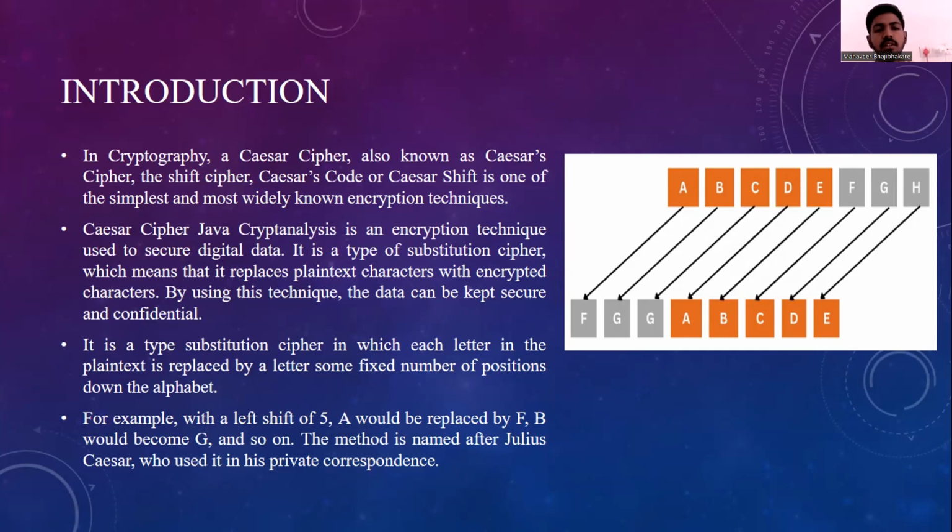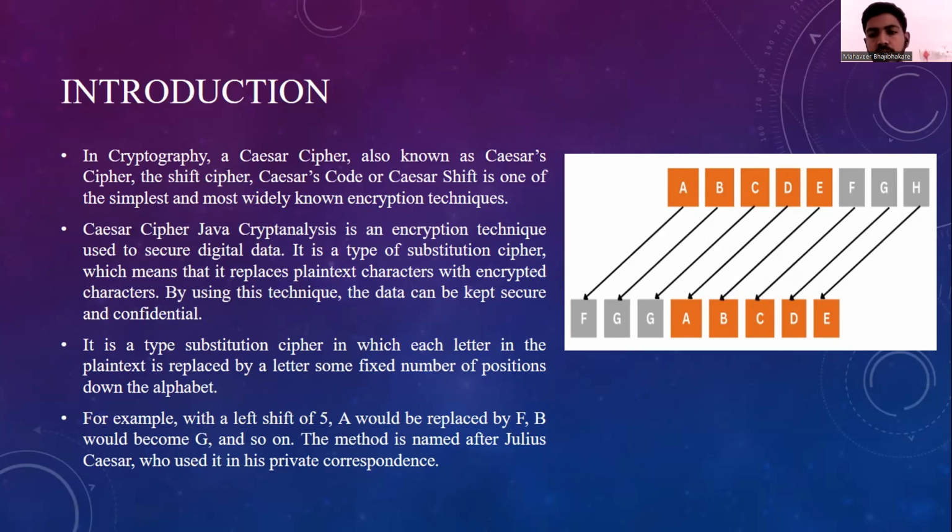It is an encryption technique used to secure digital data. Here we use the substitution method to transform the data into encrypted data, and when we want to decrypt it, we can do so with the help of a key or the shift.